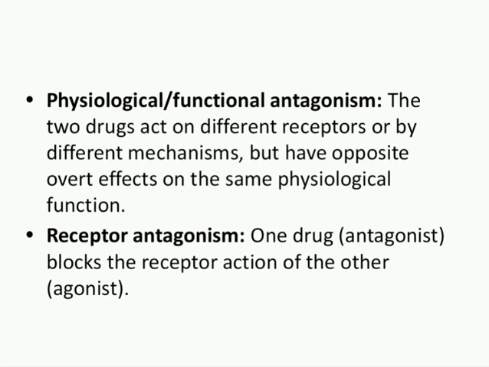And on the other hand, in non-competitive antagonism, the antagonist is chemically non-similar to the agonist and it binds to a different site which is termed as an allosteric site, which basically alters the receptor in such a way that it is unable to combine with the agonist.